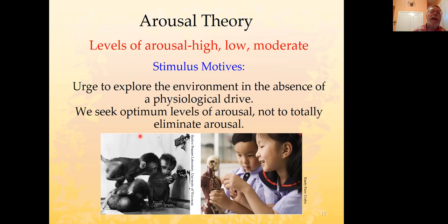Now, basically, we're going to look at states of arousal as being high, low, or moderate. So when we talk about arousal, what we're actually talking about is the level of physical and mental activation. So you might want to write that down. Level of physical and mental activation the individual is experiencing at any moment.